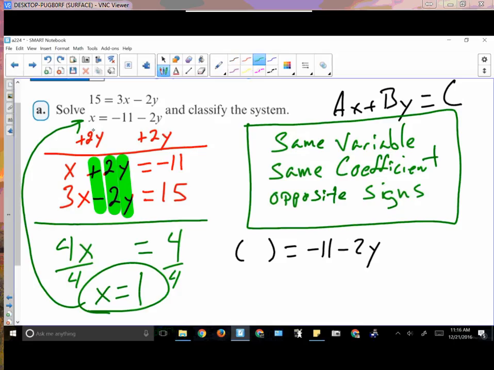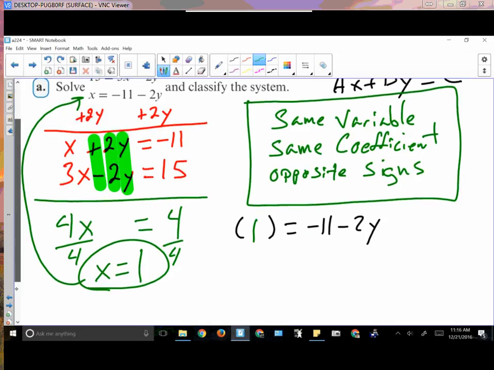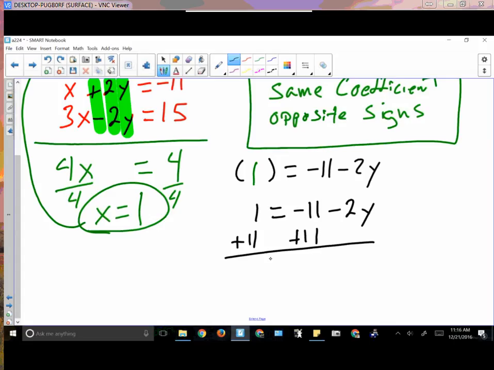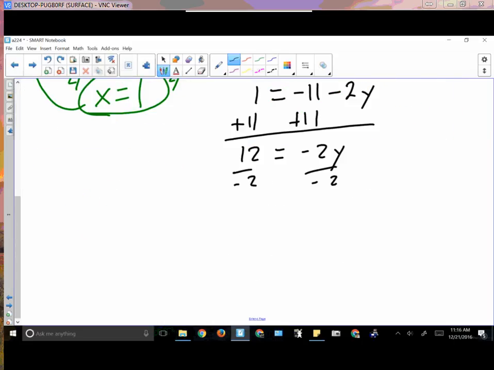So that would give me x is equal to negative 11 minus 2y. So what was my x? My x was 1. So now I just simply have to solve that. So 1 is equal to negative 11 minus 2y. Add 11. So I get 12 is equal to negative 2y. Divide by negative 2, divide by negative 2, and I get negative 6 is equal to y.